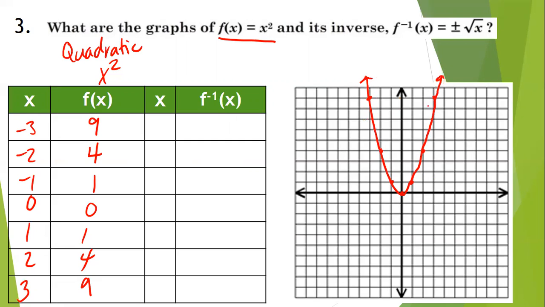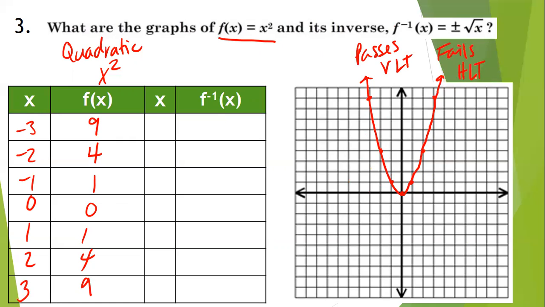All right, so here's our quadratic. Agreed? All right, looking at this quadratic, does it pass the vertical line test? Yeah. Does it pass the horizontal line test? No, it does not. If I was to go horizontally, I'm going to hit 2 points every time, right? So it passes VLT, but it fails HLT, okay?